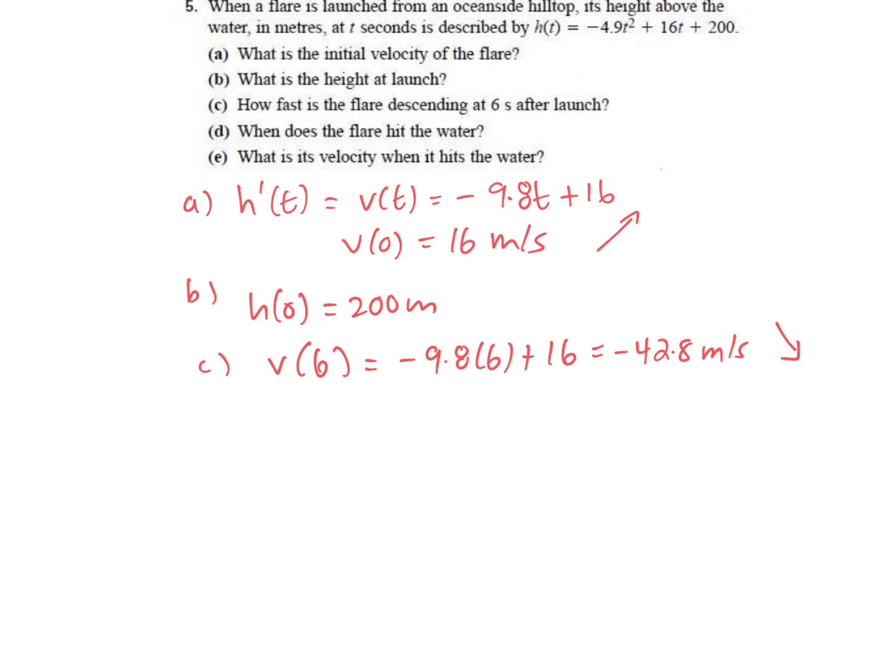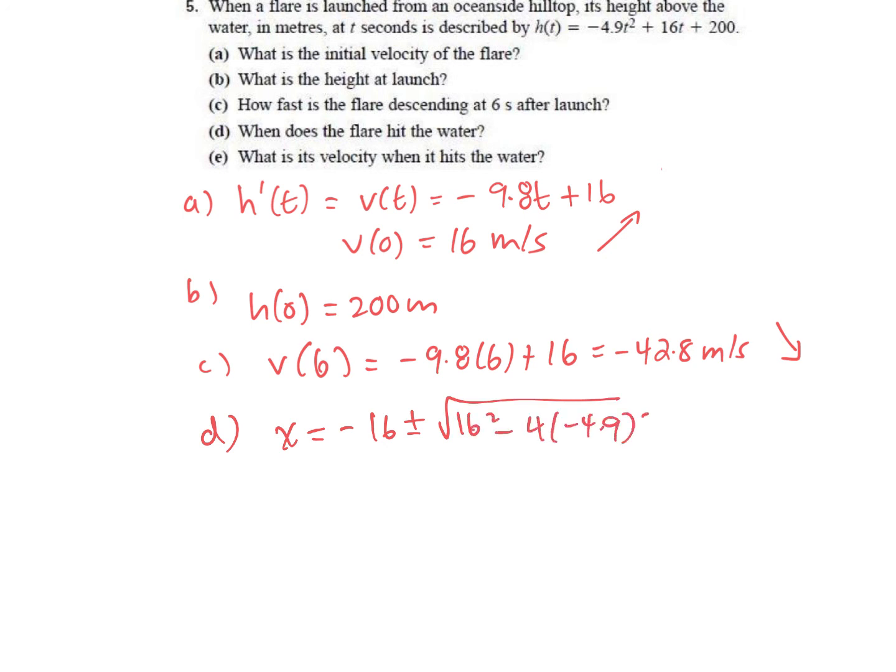D says, when does the flare hit the water? So again, we'll have to use our quadratic formula to determine this, because we want to know at what time it hits the ground first. So we'll figure that out. And so we get two values for x. We get minus 4.96 seconds, which doesn't make sense because we can't have minus time.